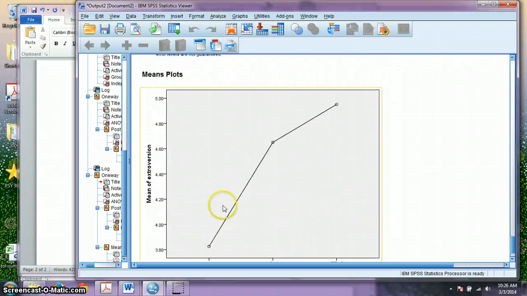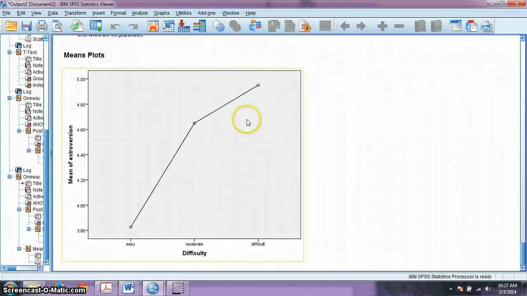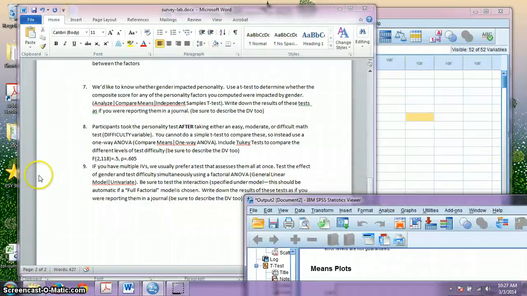So maybe if we had 1,000 subjects and this pattern still showed up, we would be able to see it. But then you still have to recognize that it is a relatively small phenomenon, that it's only 1 unit and we can only detect it with 1,000 people. So anyway, this was not significant, and that's what we would report, that this difference is not significant.